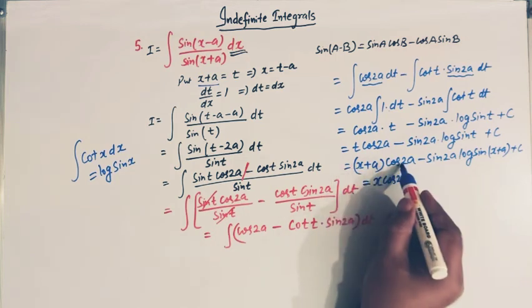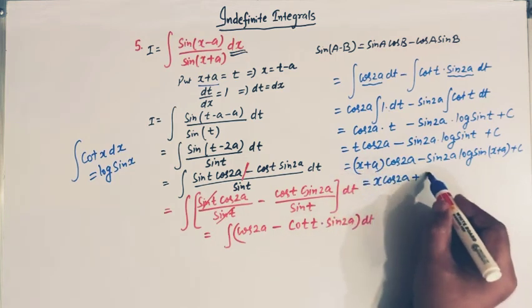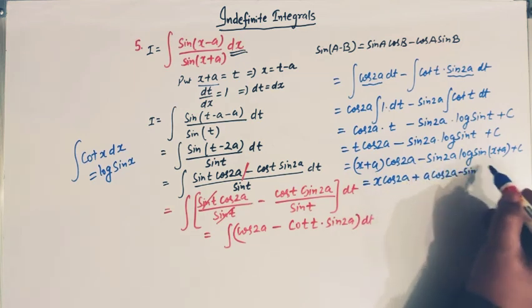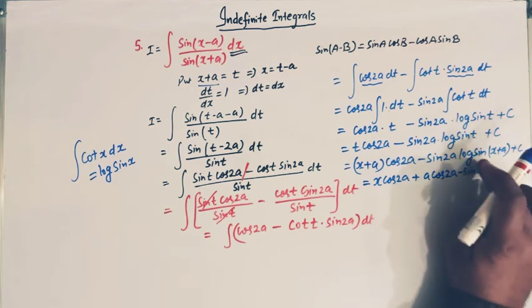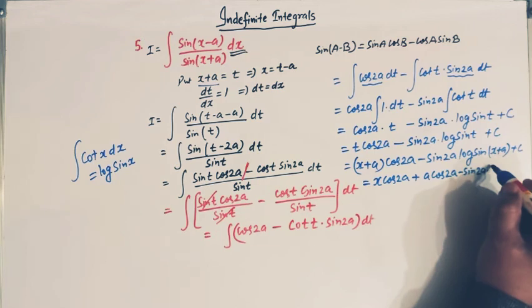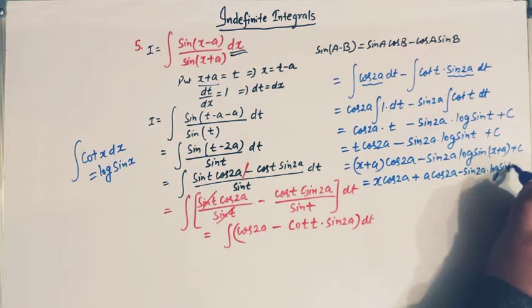This can be written as x cos 2a plus a cos 2a minus sine 2a times log of sine of x plus a, plus c.